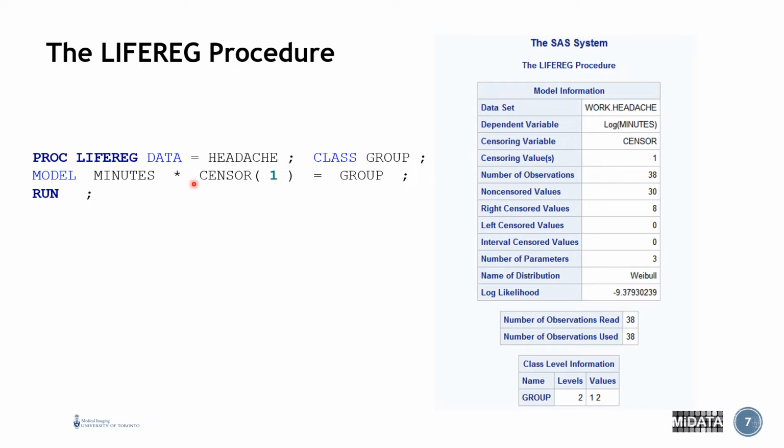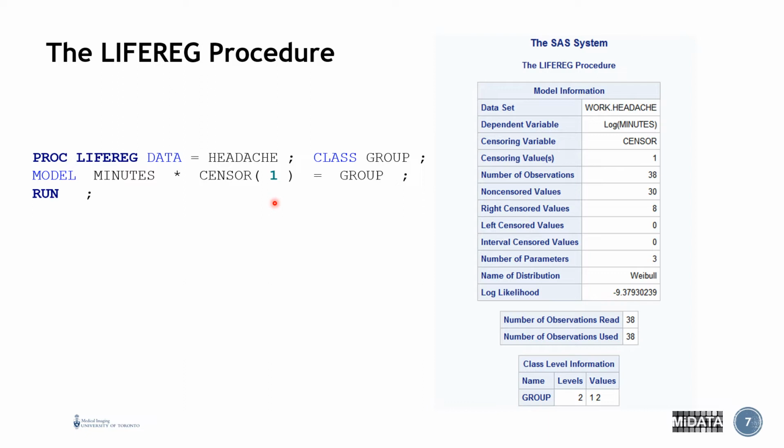You do so by including it here with your outcome, the variable we named censor, which makes sense, that's going to indicate whether or not the subject was censored. Then you tell SAS what value identifies a subject as censored. In this case, we're saying 1 in this variable called censor means that the subject was censored.